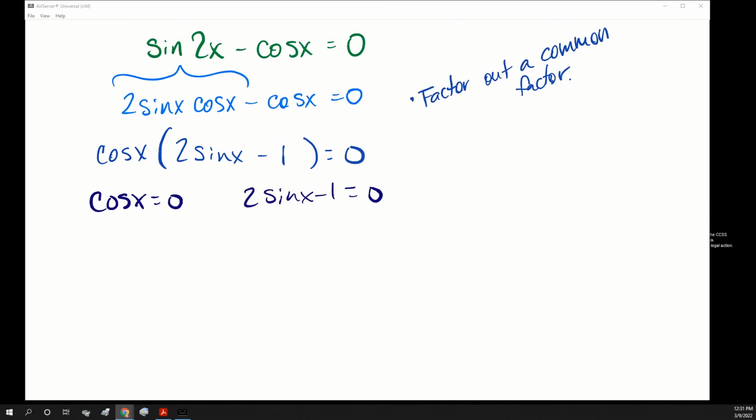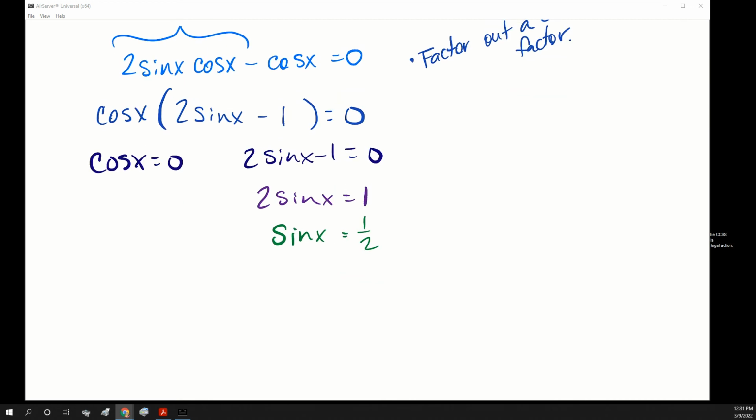All right, so now we want to solve each one of these. So this one is already isolated. This one I have a couple of things to do. All right. Now I have erased the hand trick off the board, but hopefully you guys have it in your brain. But this one on the left, what are we going to use? The cosine is 0. The unit circle. So you can draw it if you want to.